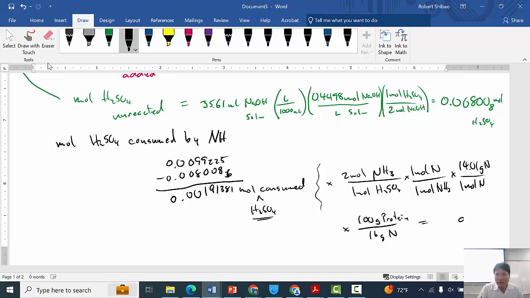This is going to give me the grams of protein. So times 2 times 14.01 times 100 divided by 16. 0.3351.